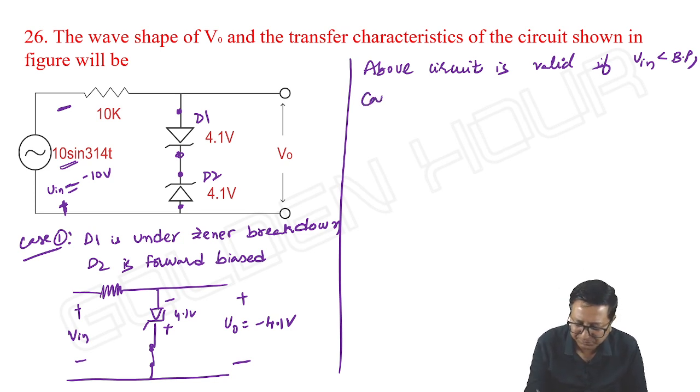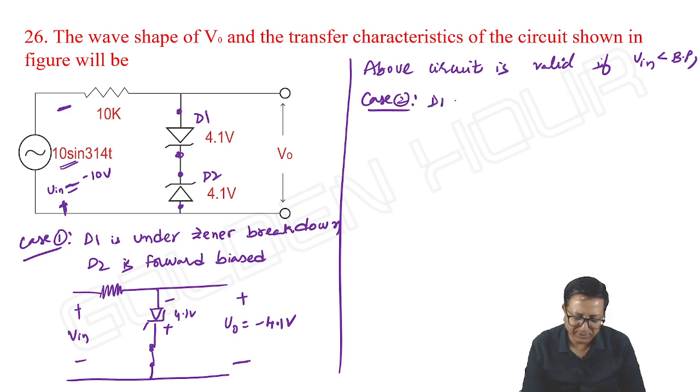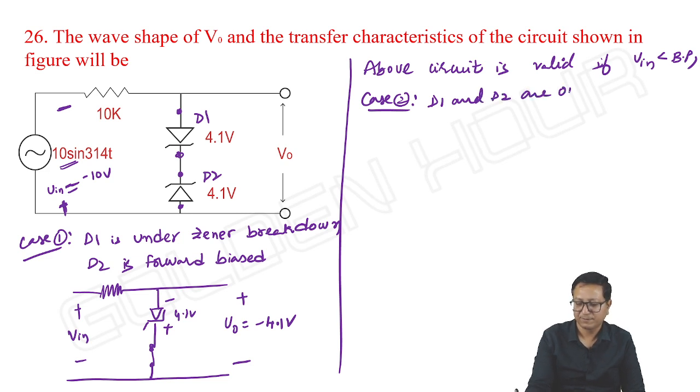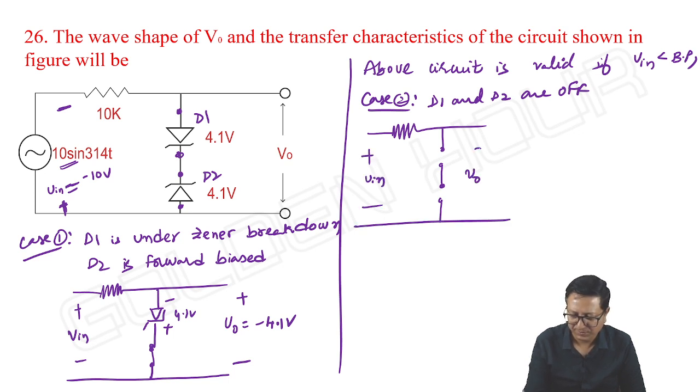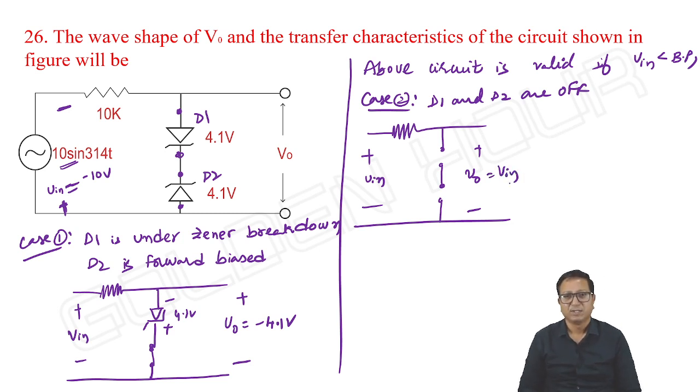Okay, case 2: D1 and D2 are off. Here output is equal to input. D1 is coming out of breakdown and D2 is also not possible to be forward biased.